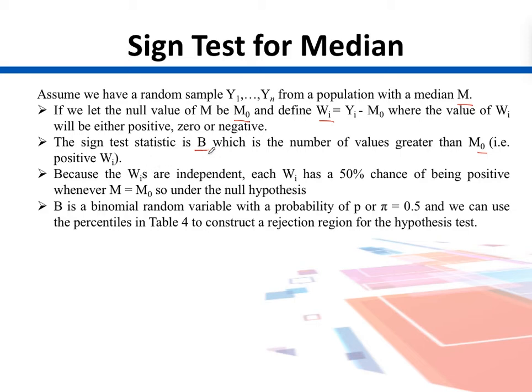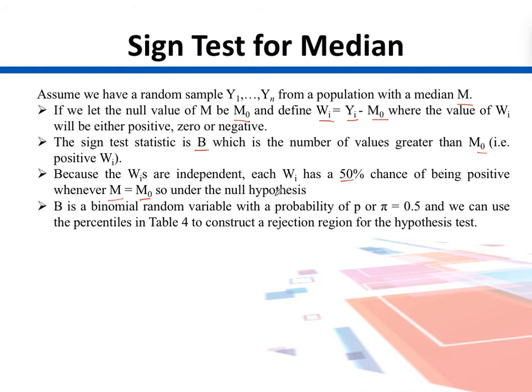So b is the number of positive wi's. wi is the difference between each number and the median, so obviously the numbers bigger than the median should be positive. Because the wi's are independent, each wi has an equal chance, 50% chance of being positive and 50% of being negative, when m is equal to m naught.